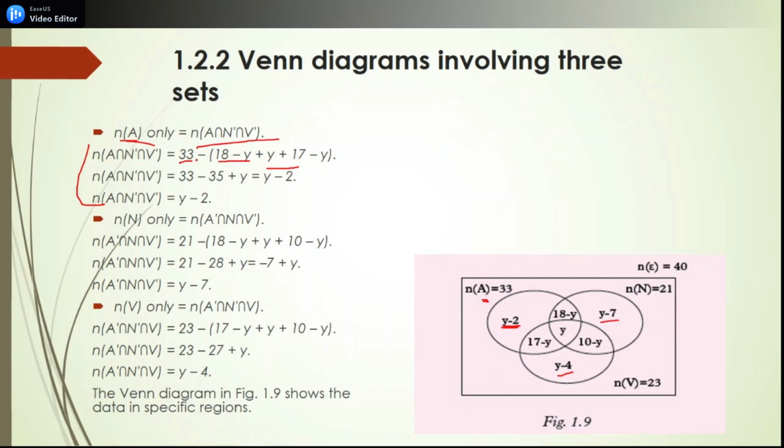It's the reason why we put this one negative. We take this, we add this, and then we subtract it from 33. We will get y minus 2.